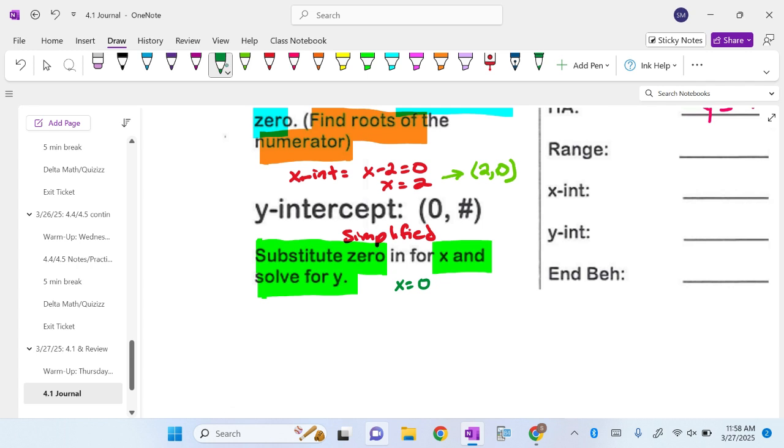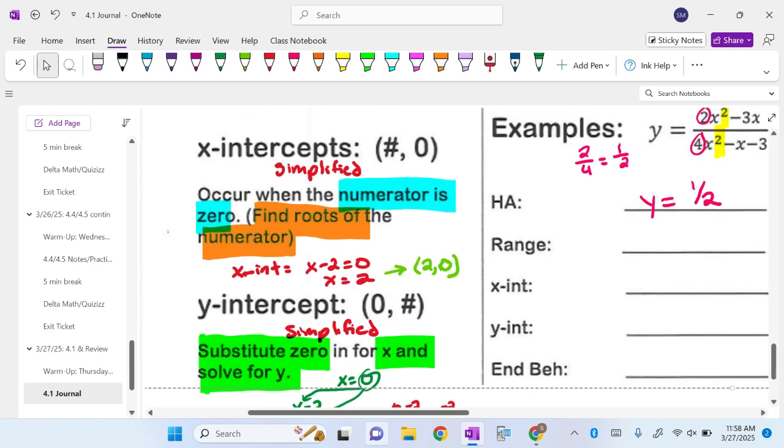My simplified function up top is y equals x minus 2 over x minus 1. I'm going to take this 0, plug it in for both x's, and evaluate that, and it'll give me my y-intercept. So y is equal to 0 minus 2 over 0 minus 1. So I would get negative 2 over negative 1, which is what? 2. So my y-intercept is at y equals 2.